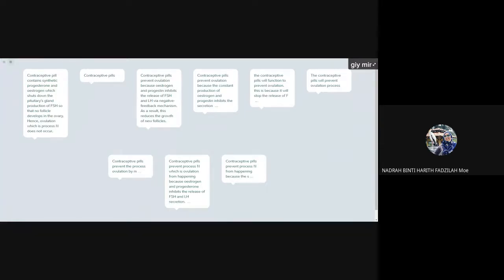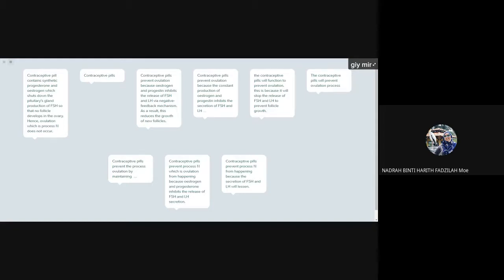the intake, pengambilan pil perancang ni secara konsisten akan menyebabkan the concentration of estrogen and progesterone maintain saja, dia tak ada peak, dia tak naik. So bila FSH tak naik, it inhibits the secretion of FSH dengan LH.